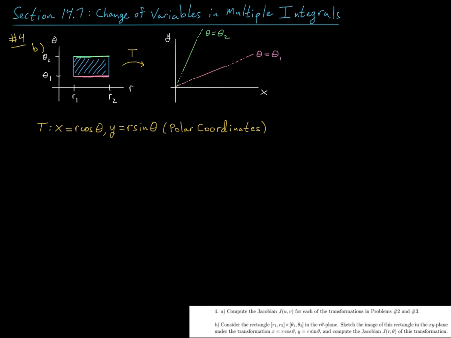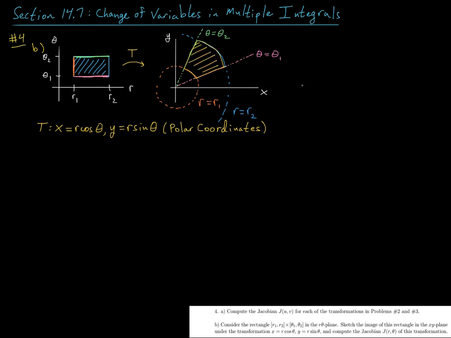Now this left edge, r is held constant, so that's going to describe a circle of radius r1, and we're just going to take the portion of this circle as we let theta vary from theta 1 to theta 2, so we just get this orange circular arc. And then likewise for the right edge, we're going to get this circular arc up here.